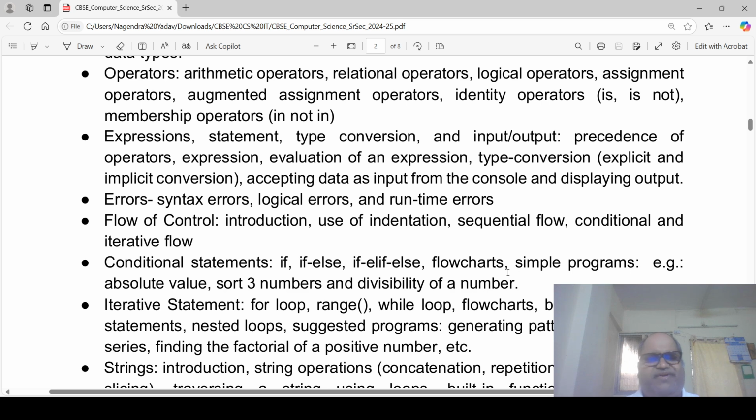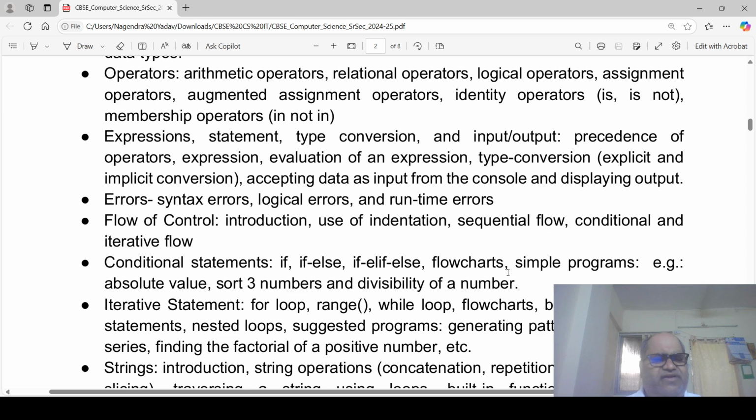Then you have logical operators, assignment, augmented assignment operators, identity operators, whether it is null or not, those kinds of things, and membership operators, in or not in. So when you have something like a list or dictionary or set, a statement that can help you check whether that particular member is present or not.